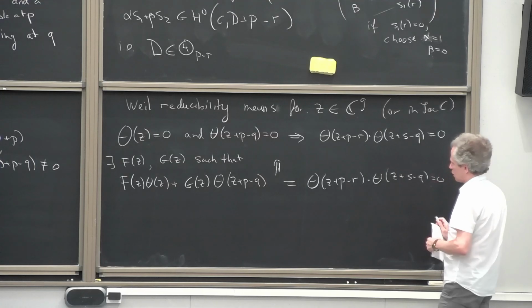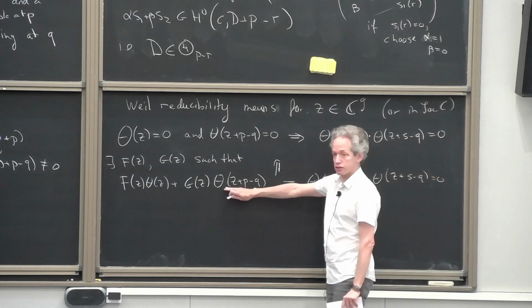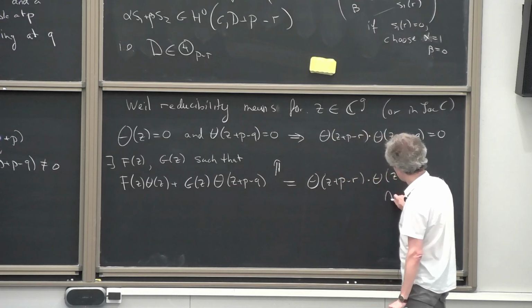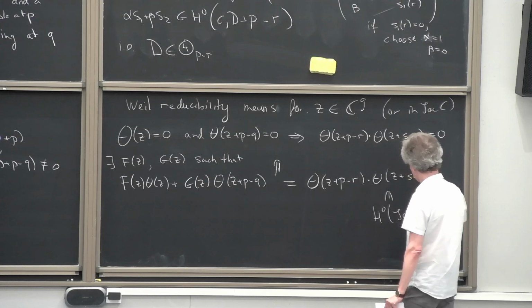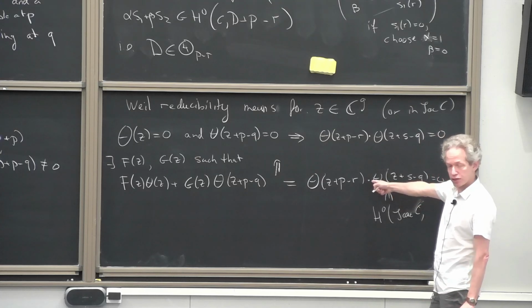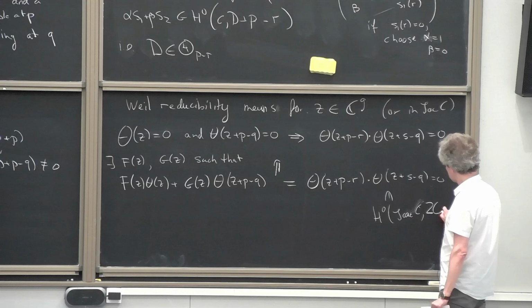Now I was writing this as functions on C to the G, but these are really functions on an abelian variety, right? So what is this a section of? This is a section on the Jacobian of some line bundle. Let's figure out what line bundle this is. I have a theta function, it's a section of theta. I have another theta function, it's also a section of theta. So altogether it's a section of 2 theta.